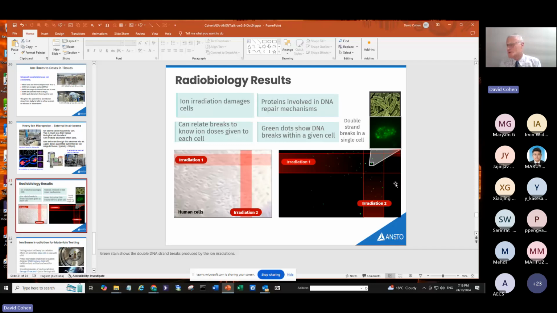We have done experiments in the past where we take the DNA out of the nucleus, irradiate it, and then put it back in again afterwards and see if the cell grows in a different way, to try and look for radiation resistant cells. But this is all irradiated and then done offline in the lab.